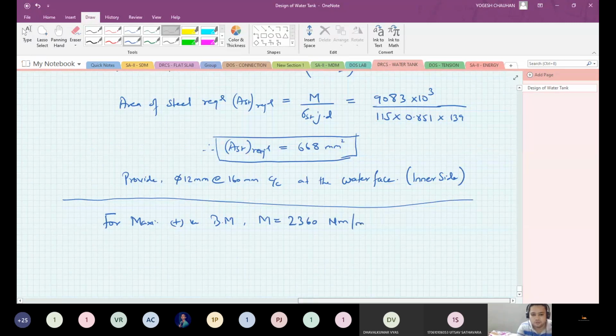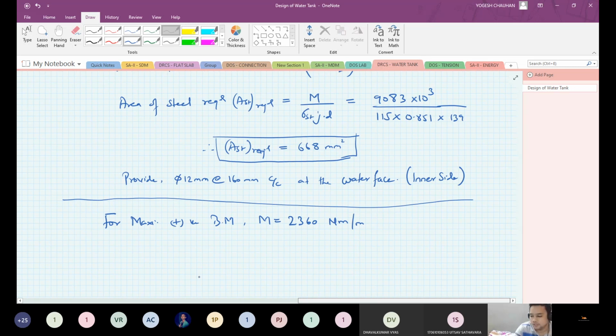Now we are doing it for the outside face. A similar procedure you can follow to find the steel required on the outer face. I hope you get this and you will be able to do it on your own.